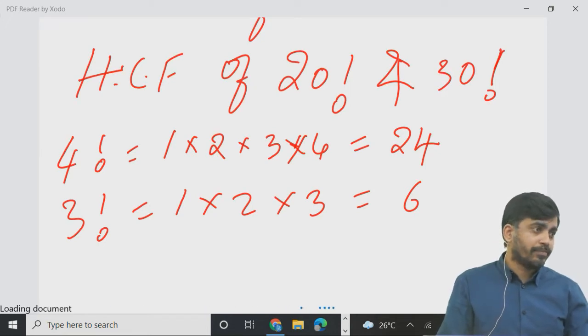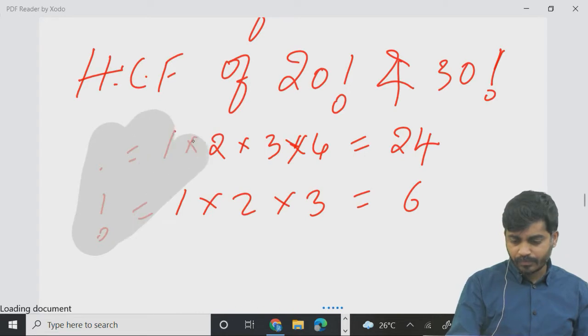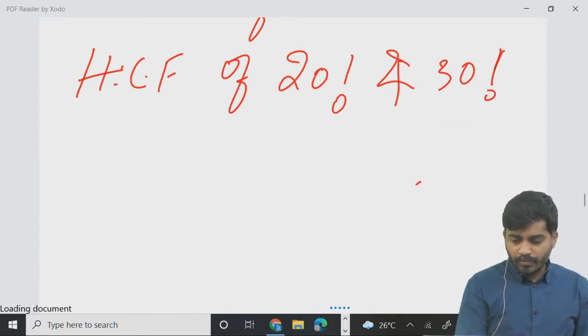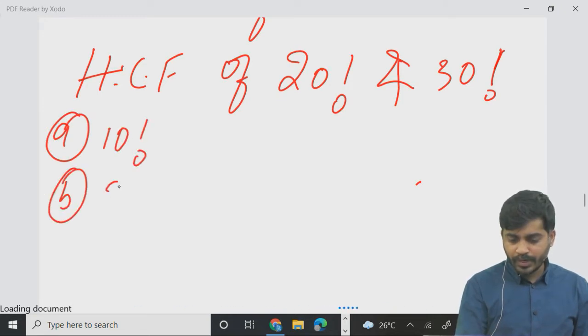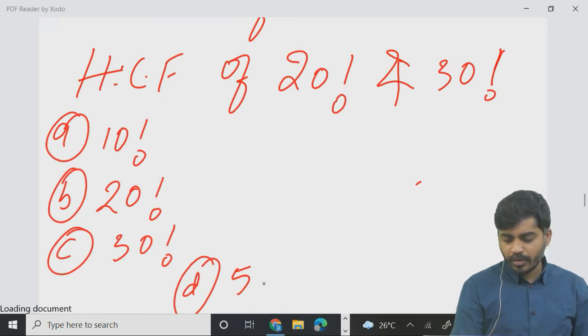So now the question is the HCF of 20 factorial and 30 factorial. Okay, I'll give options. First option is 10 factorial, second option is 20 factorial, third option is 30 factorial, option D is just 10.